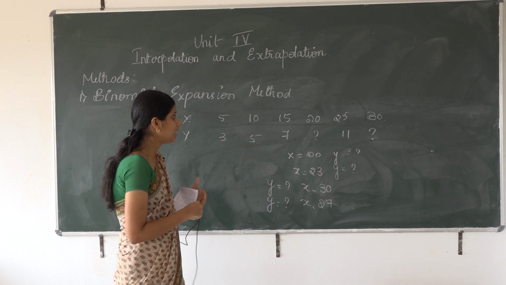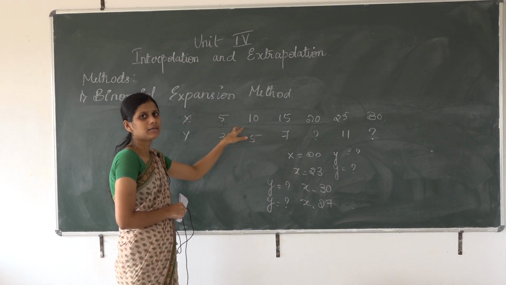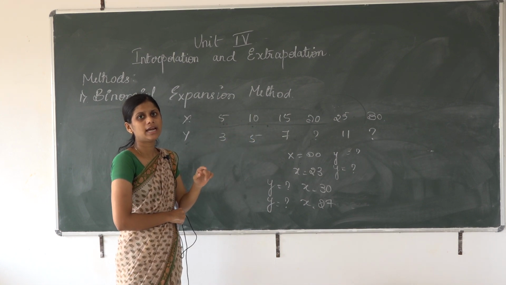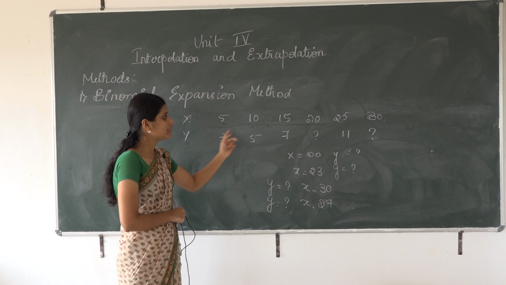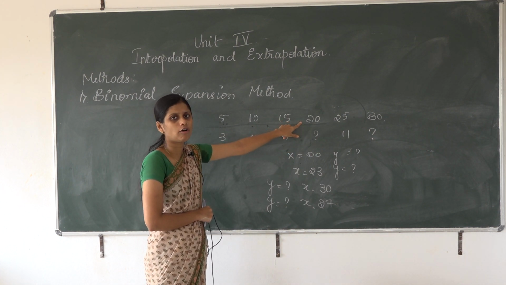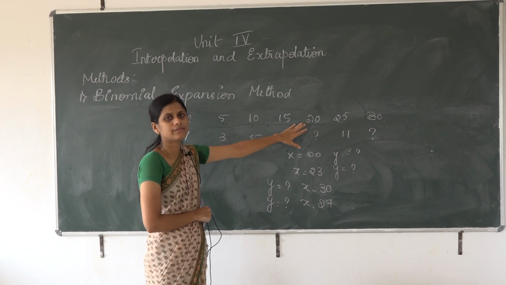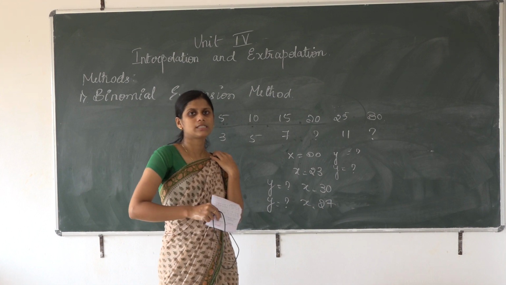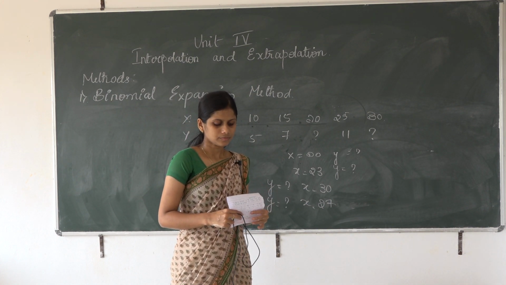The first condition says that the values of the independent variable should have a common difference. The second condition says that the value of x for which the value of y is to be estimated should be one of the values of x. If it is not, then you can't interpolate or extrapolate under the binomial expansion method.